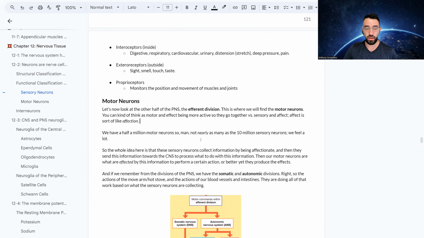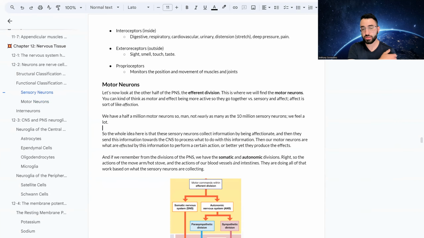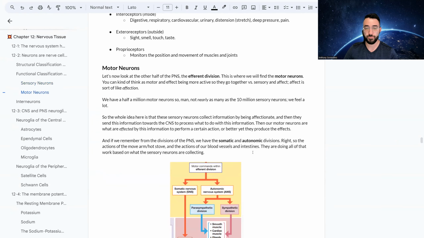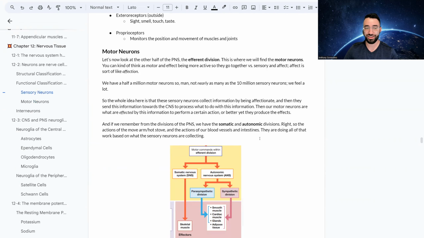So we have 500,000 of these, so not nearly as much as the 10 million sensory neurons we have. So just remember, we feel a lot more than we actually affect and move and act on. All right. The sensory neurons are collecting information by being affectionate. This is kind of how I remember that. And then they send this information to the CNS to process, and then they make an effect through the efferent division.